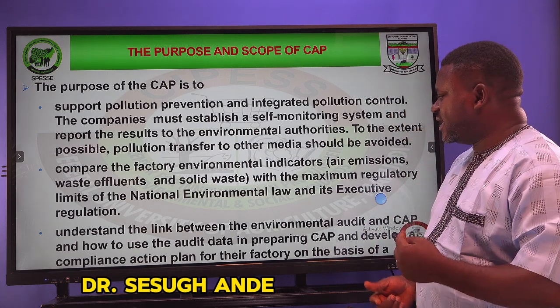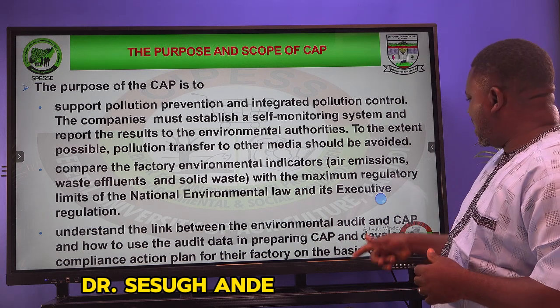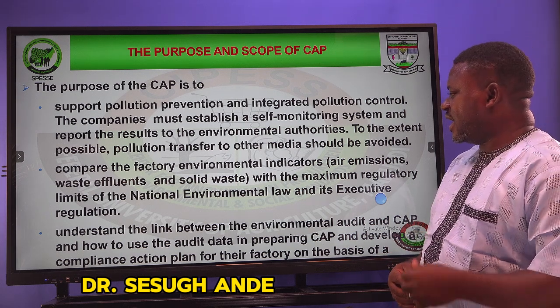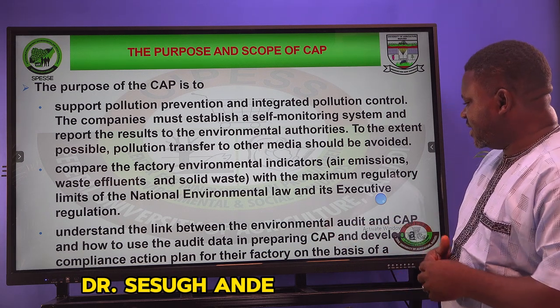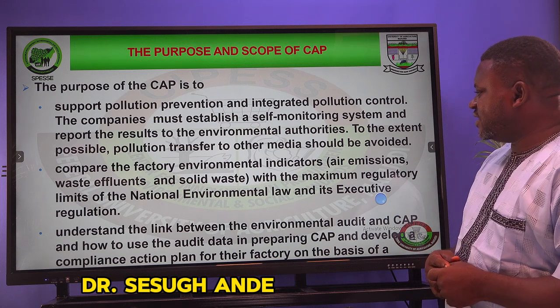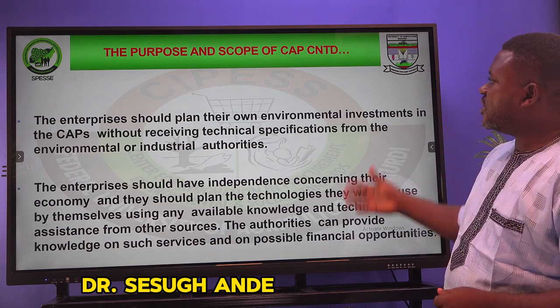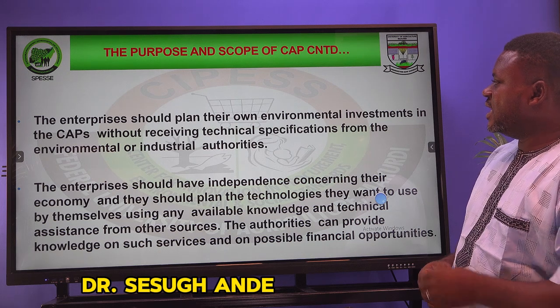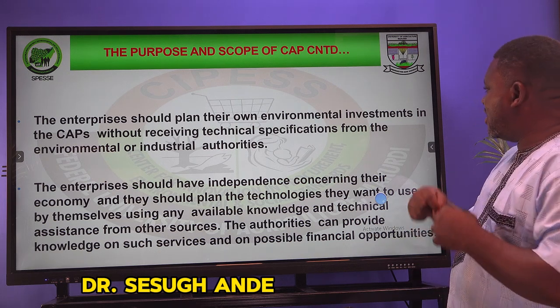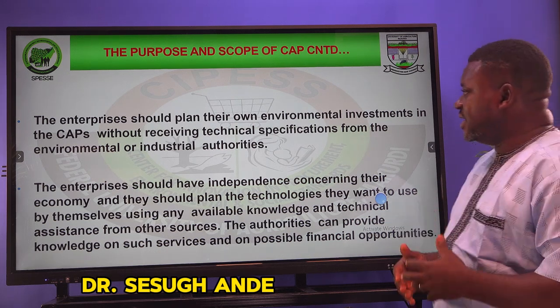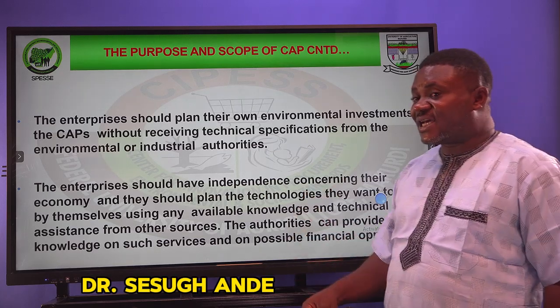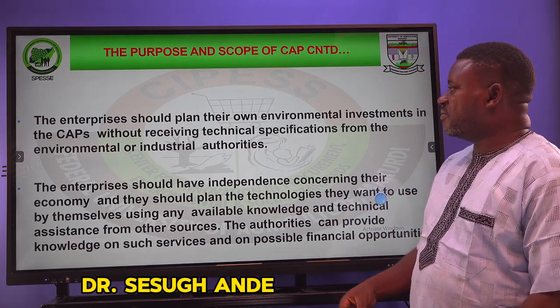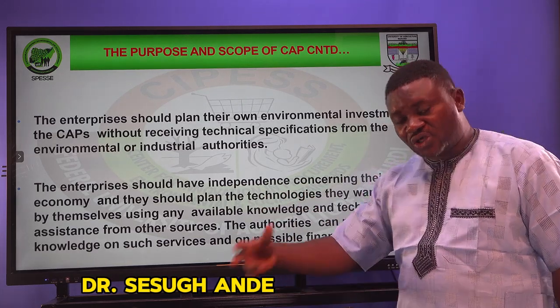Is to also understand the link between the environmental audit and the CAP and how to use the audit data in preparing CAP and develop compliance action plans. Now, the purpose and scope of CAP. The enterprises should plan their own environmental investments in the CAPs without receiving technical specifications from the environmental or industrial authorities.